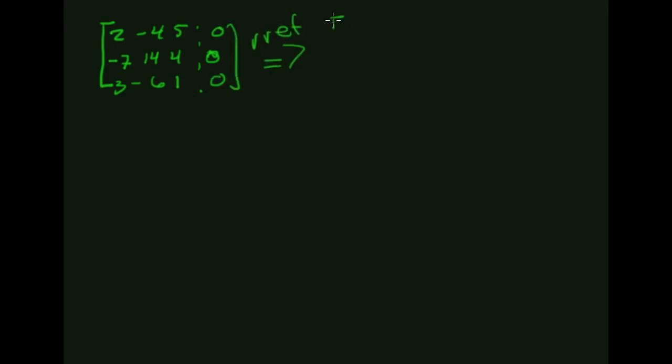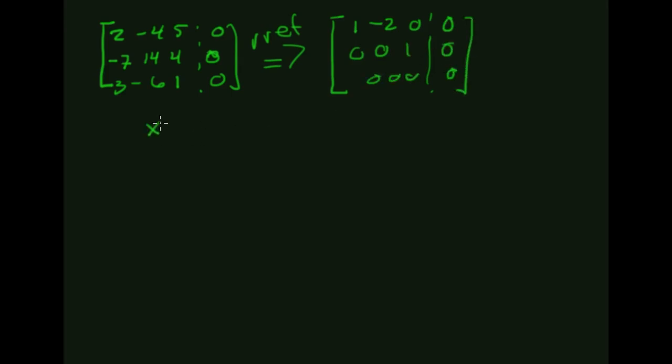Okay, so number 8 is asking me for the general solution to a system of equations using a homogeneous part and a particular solution. So the first thing we need to do is work out the homogeneous solution. So we enter this in with a 0. We perform Gauss-Jordan on that, and we end up with 1, -2, 0, 0, 0, 0, 1, 0, 0, 0, 0, 0.